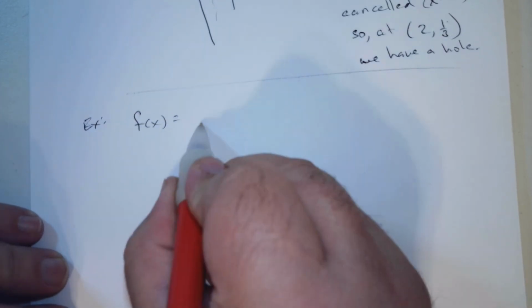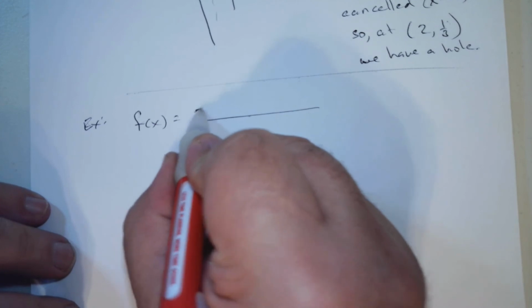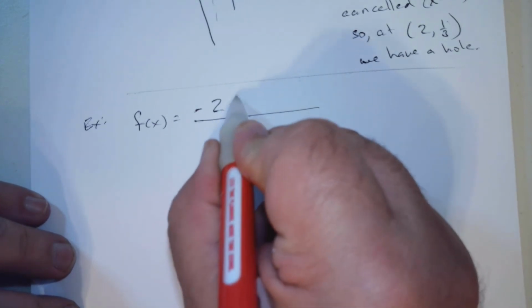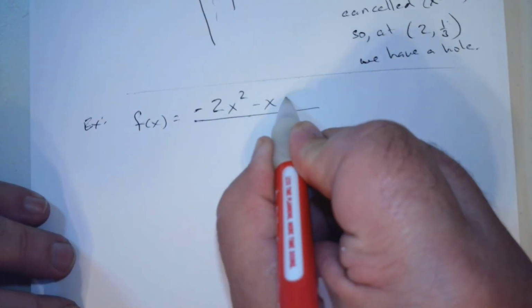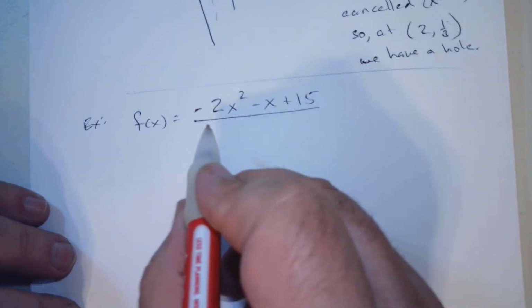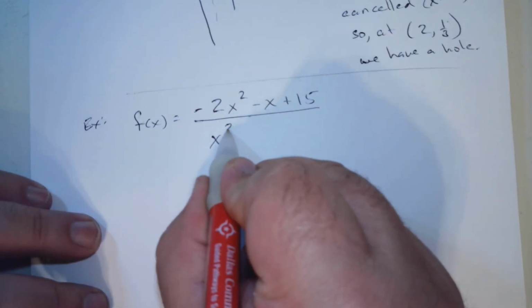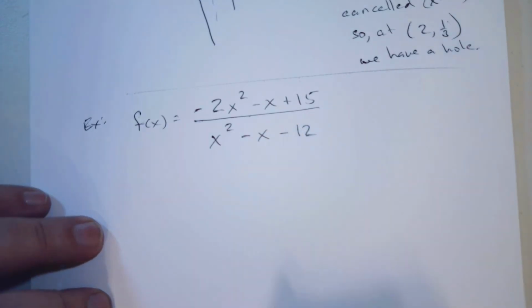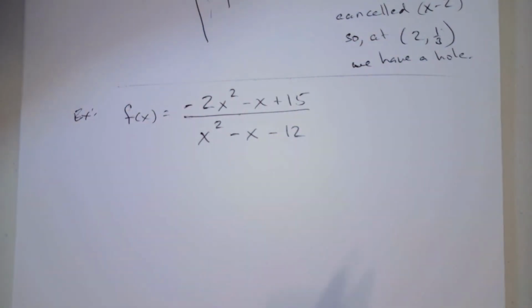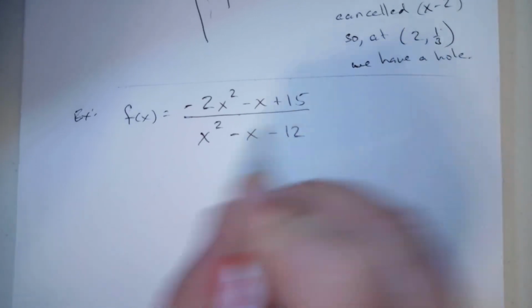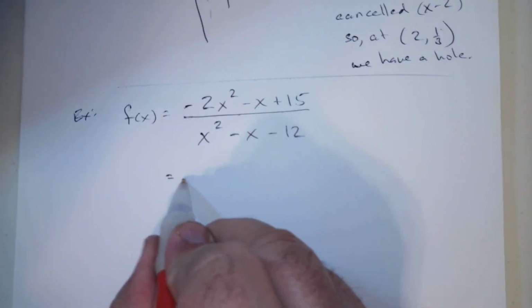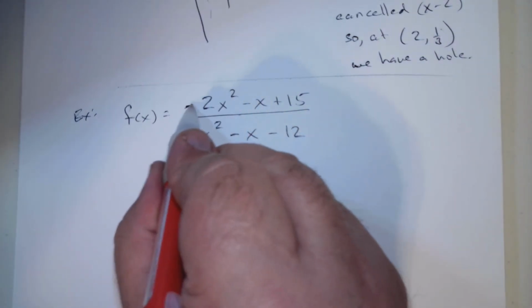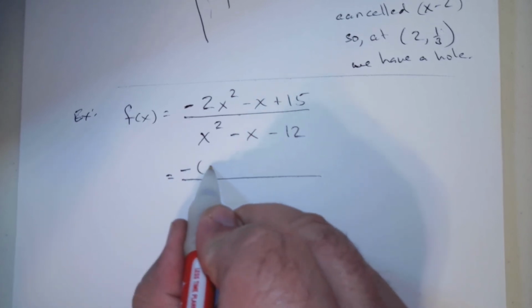Let's try one more. Negative 2x squared minus x plus 15 over x squared minus x minus 12. So the first thing we have to do is factor these. Since there's a negative there, we take out the negative.